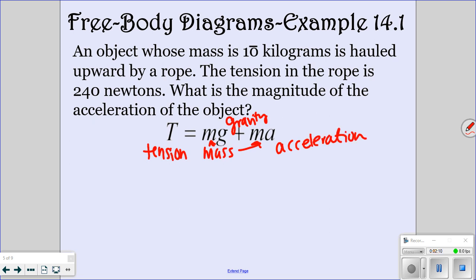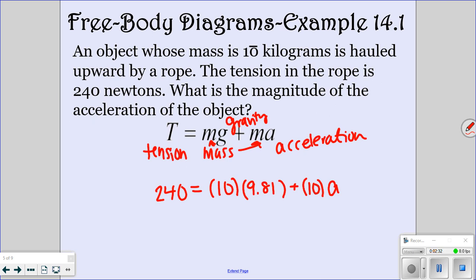So those are your variables. So we know the tension is 240, and they tell us the mass is 10. And gravity is 9.81. And then we want to find the acceleration.